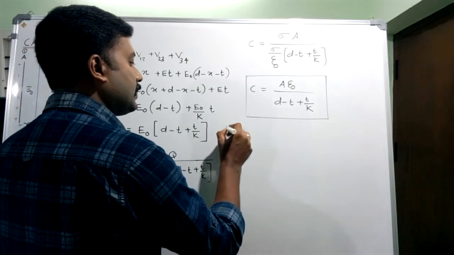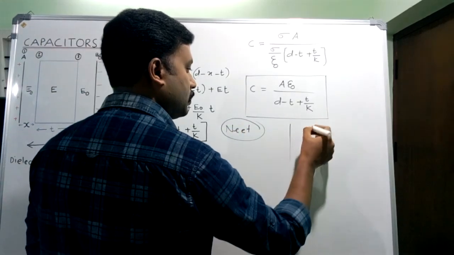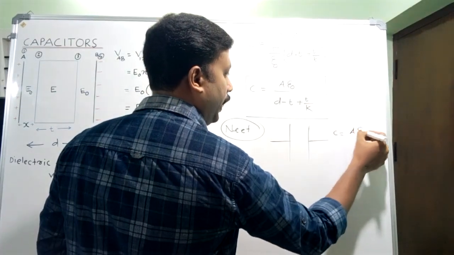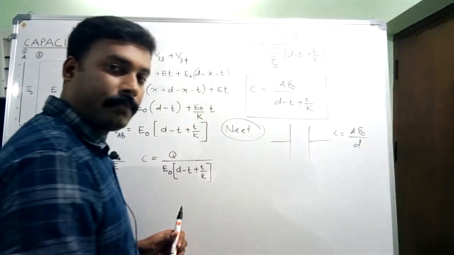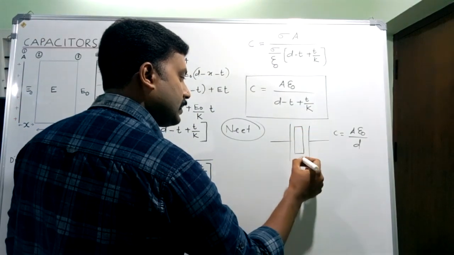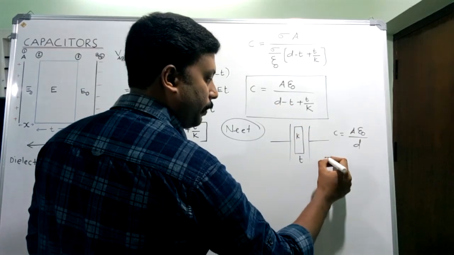For the NEET examination you have to remember only this point. We have a capacitor, then its capacitance C is normally A epsilon naught divided by D. When we are introducing a dielectric slab of thickness T and dielectric constant K, what happens?